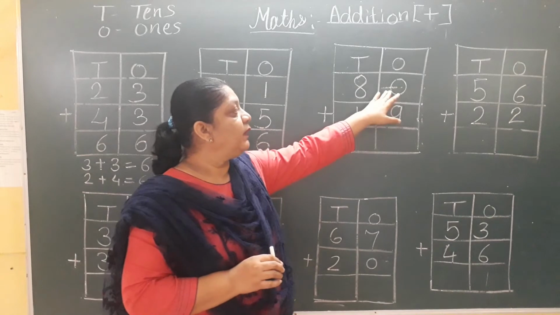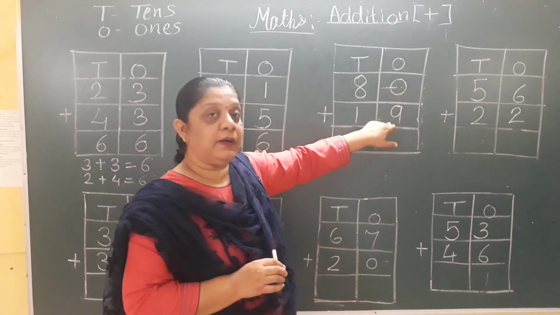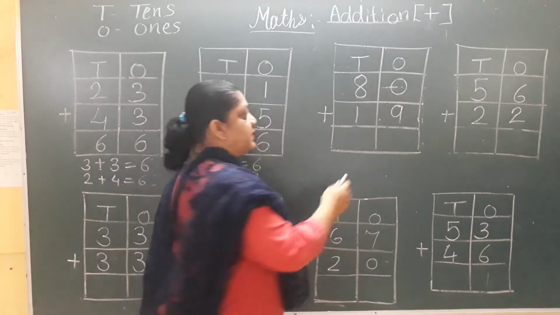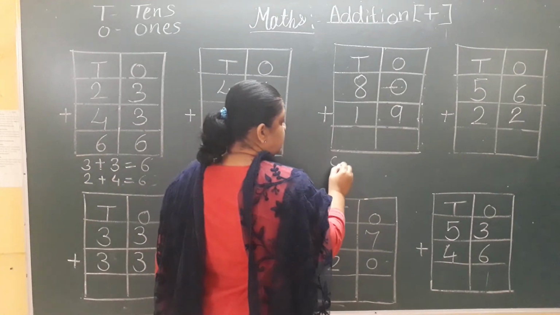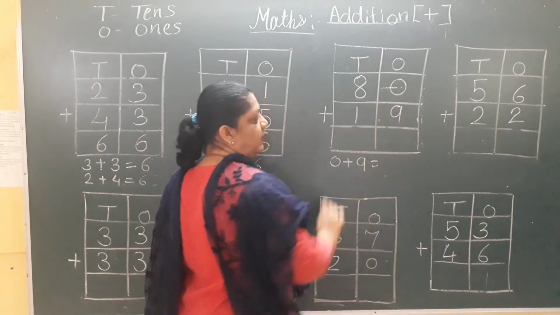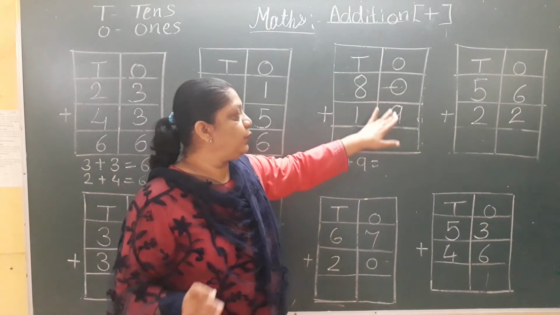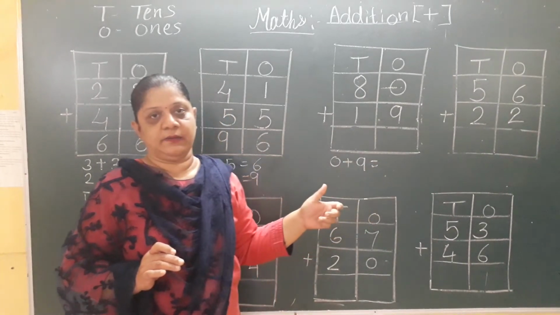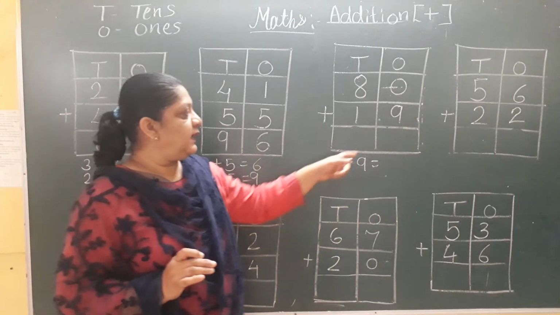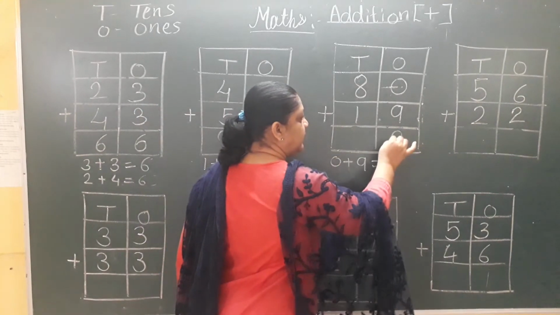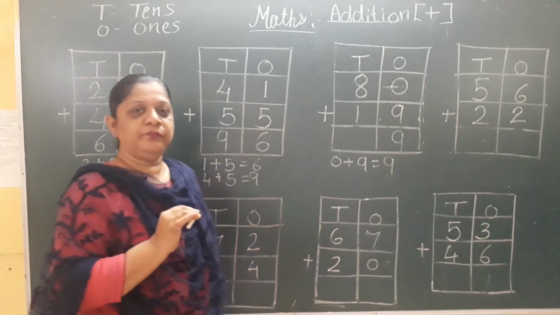See, when we add 0 to a number, then 0 plus 9 is 9. You always start from ones: 0 ones plus 9 ones. When we add 0 to a number, we get the same number as an answer, the same number 9. Understood?